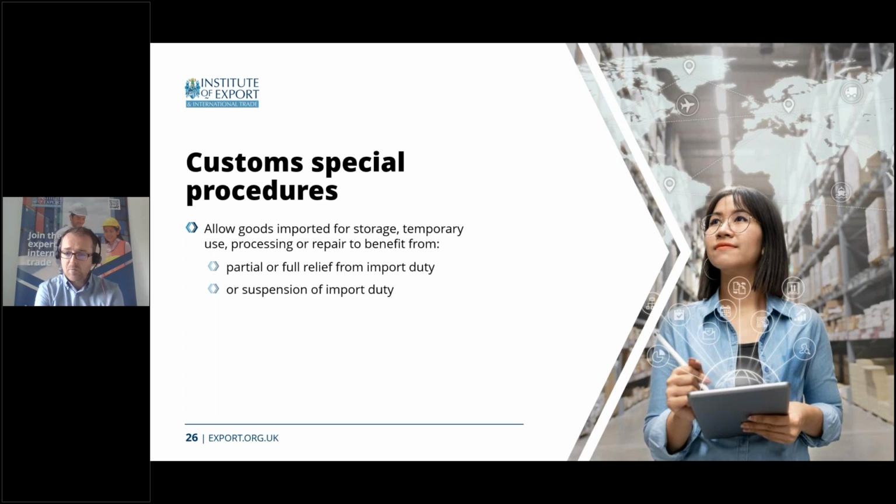Operating procedures should be well documented, capturing what's happening at every stage of the movement, so you're able to demonstrate that you can control the movement of these goods, because ultimately you are delaying the payment of potential liabilities, so there has to be a formalized set of due diligence underneath this.